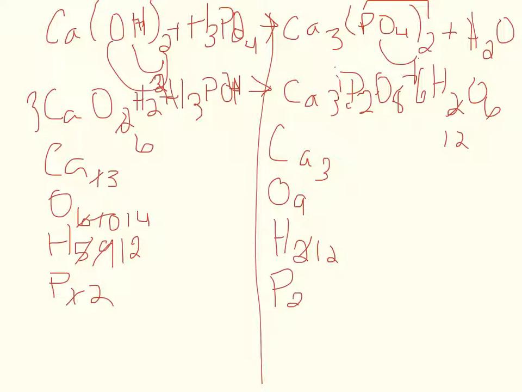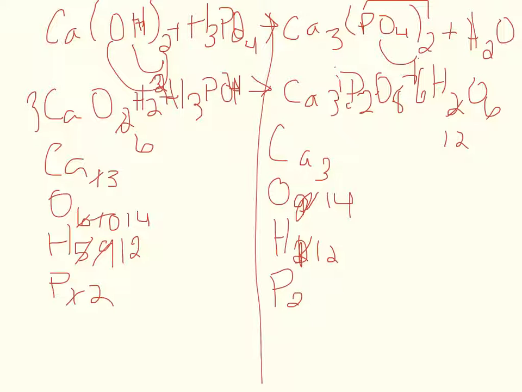And we'd be adding 5 oxygen. And now we are balanced, because calcium is the same on the left and right, oxygen is the same on the left and right, hydrogen is the same on the left and right, and phosphorus is the same on the left and right.